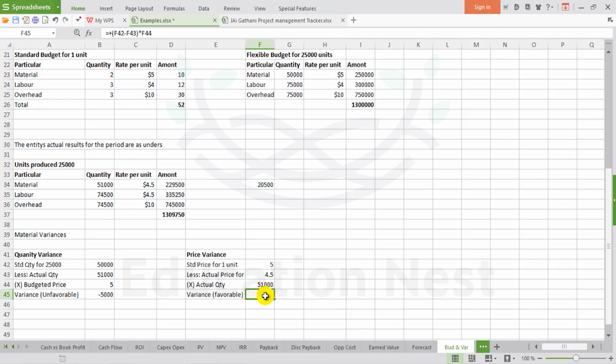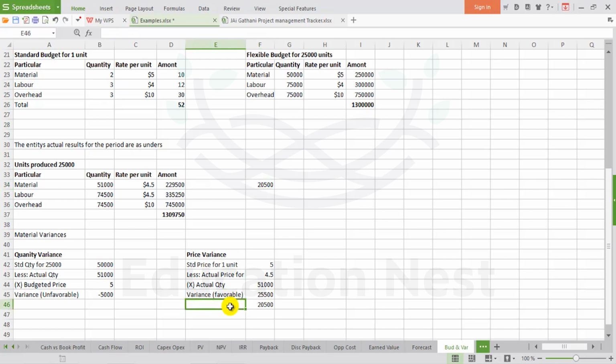If you see, your price variance is 25,500, whereas your quantity variance is a 5,000 negative figure. Hence, the positive variance plus the unfavorable one gives you your material variance of 20,500, which is exactly the difference between the standard material cost and the actual material cost.